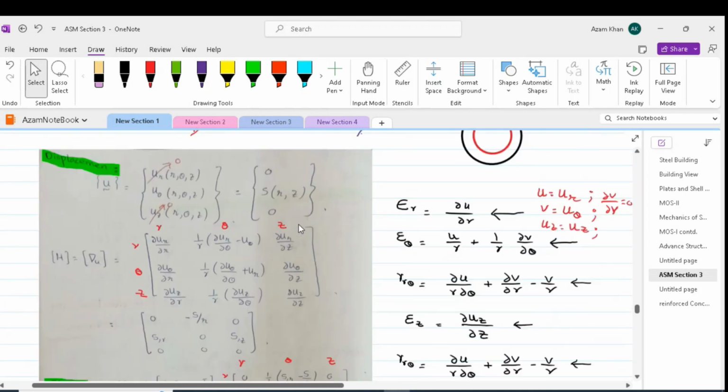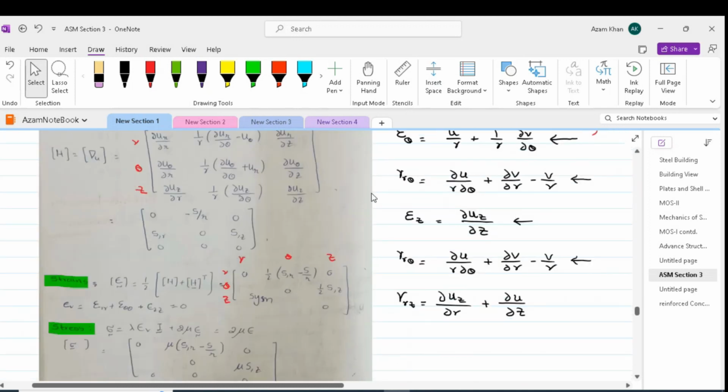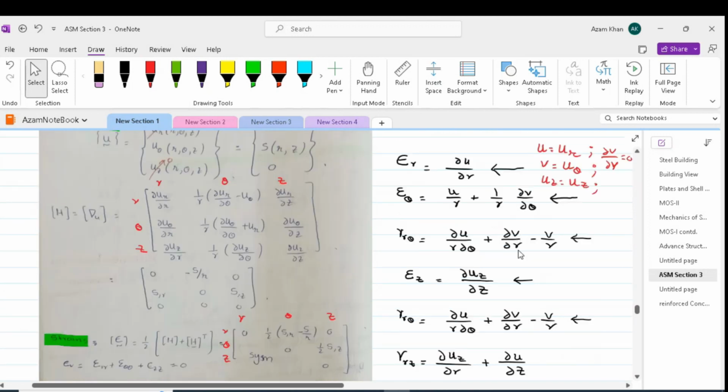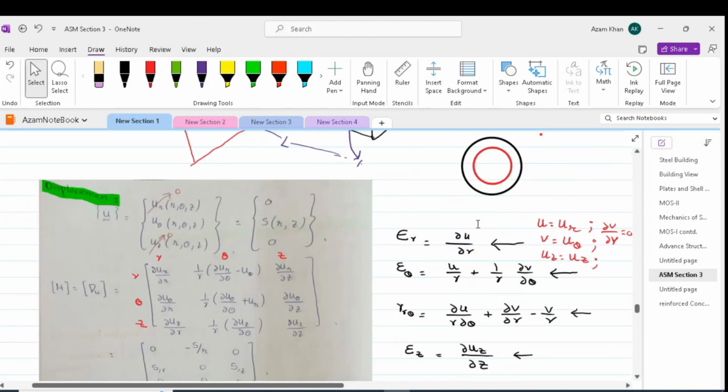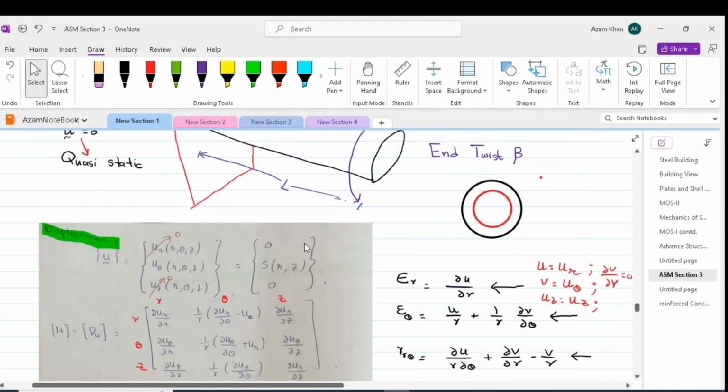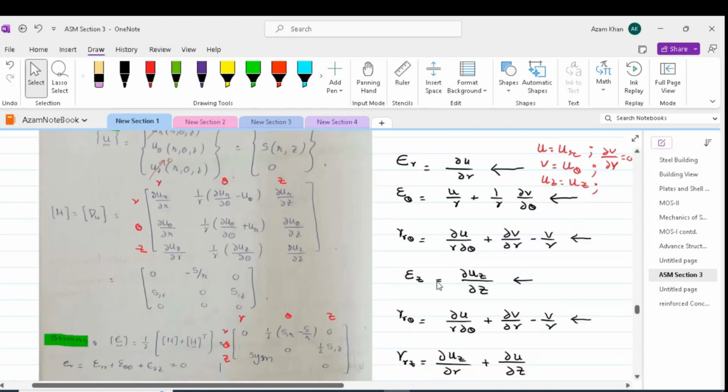The second component, which is r theta, is partial u by r partial theta plus partial u theta by partial r minus u theta by r. Please note that according to the convention of this example, u is equal to ur, v is equal to u theta, and uz is the same as uz.